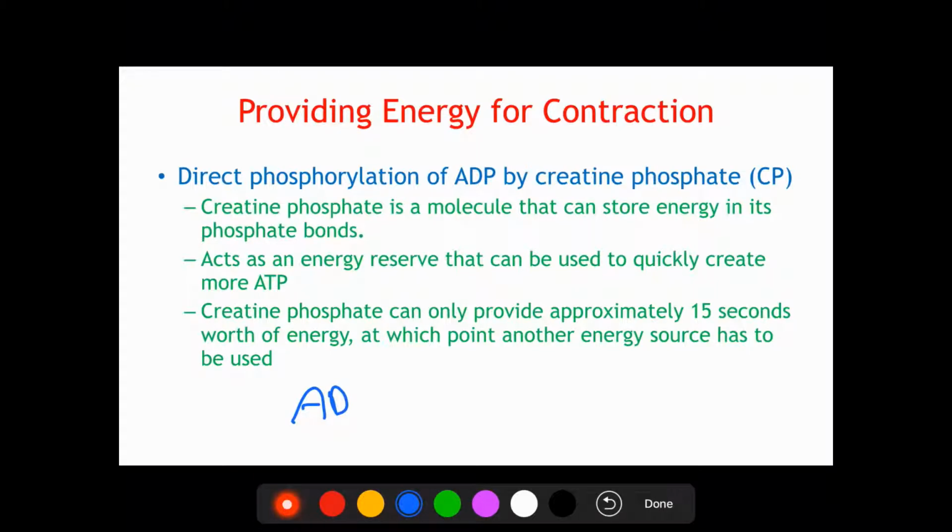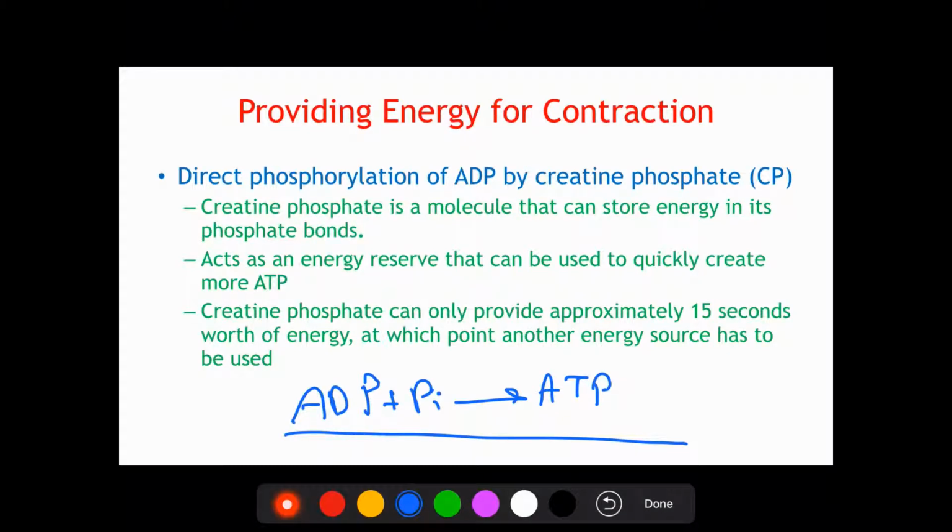So ADP plus inorganic phosphate will give us ATP. This is a very rapid mechanism. It will be able to provide ATP for around 15 seconds worth of energy.